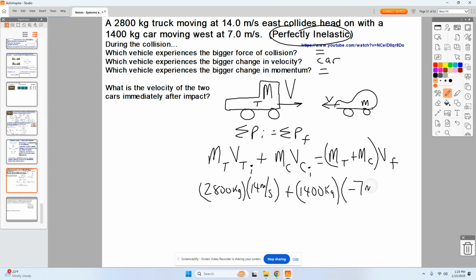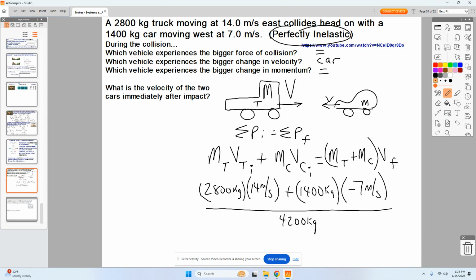This is where the negative comes in, which effectively reduces the momentum of the system. If they were traveling in the same direction, then those numbers would add. These are now subtracted because of the difference in directions. And then I divide that by the total mass, which would be 4,200 kilograms.